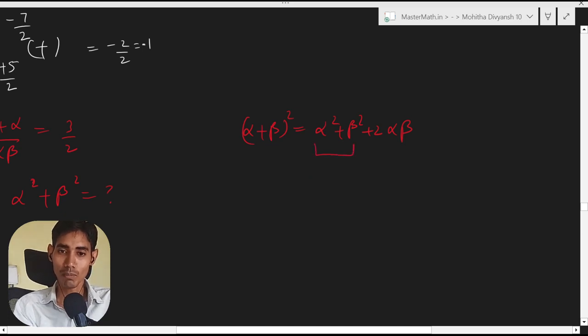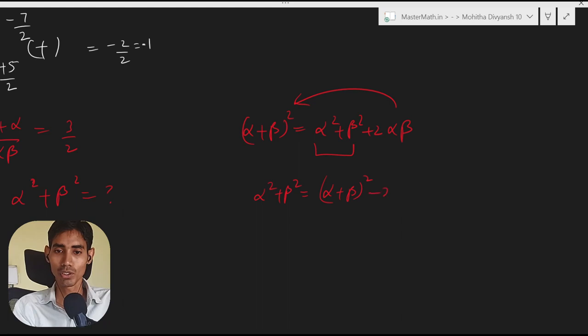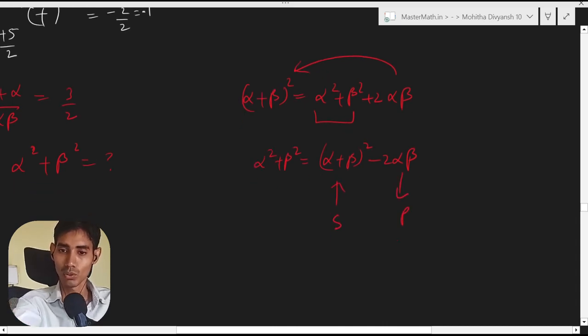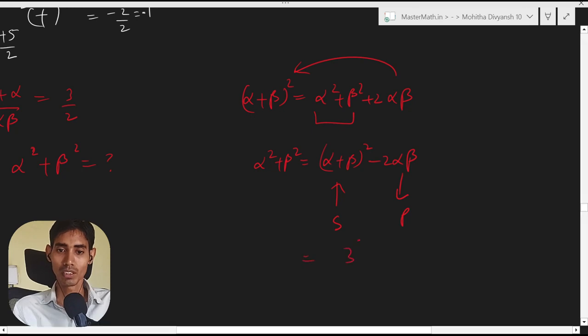If we want only the value of alpha square plus beta square, we get alpha plus beta whole square minus 2 alpha beta. Now we only have the sum and the product, so it's way easier to solve. 3 square minus 2 into 2, which is 5. Is that okay? Alpha square plus beta square was not given, and we were only given the sum and product, so we converted using the first square algebraic identity.